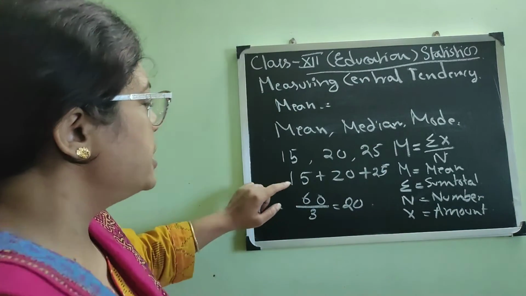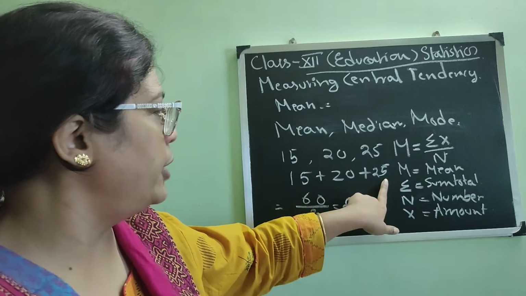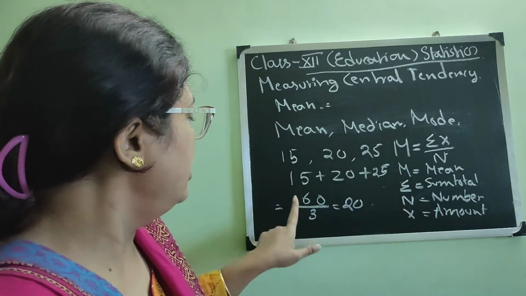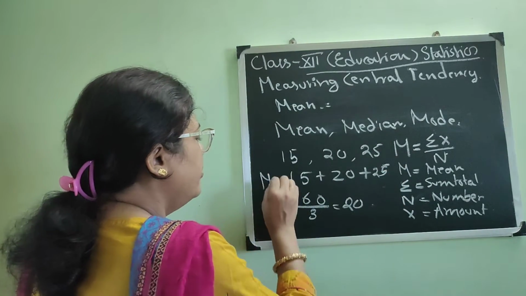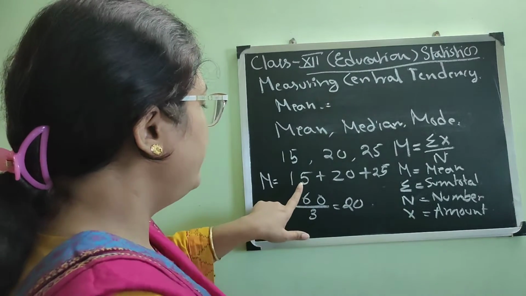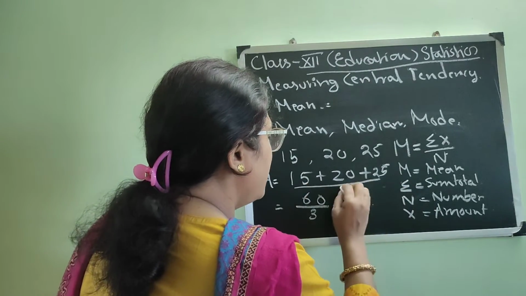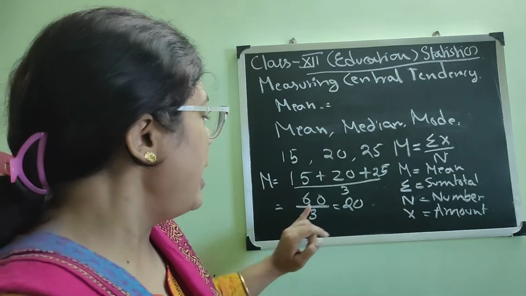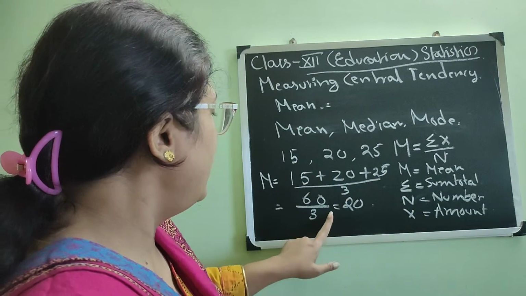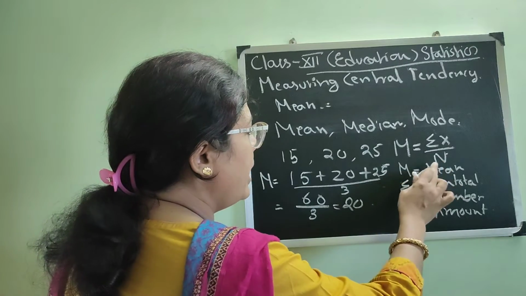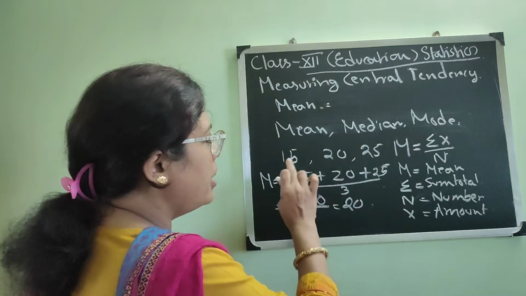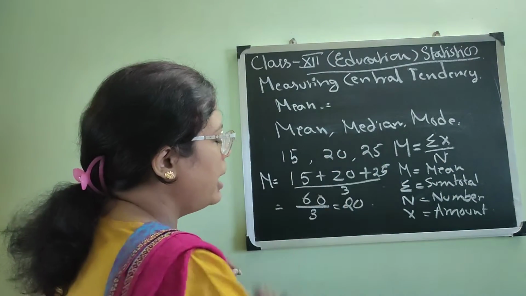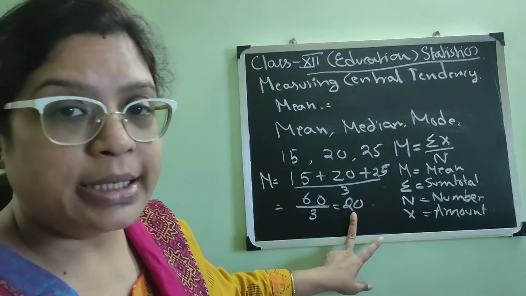See, 15, 20 and 25. Mean is equal to 15 plus 20 plus 25, summation means you are adding all these digits, and finally dividing by n, which means your total number is 3, so you divide by 3 and the result is 20.